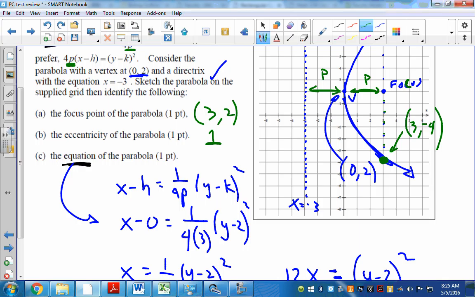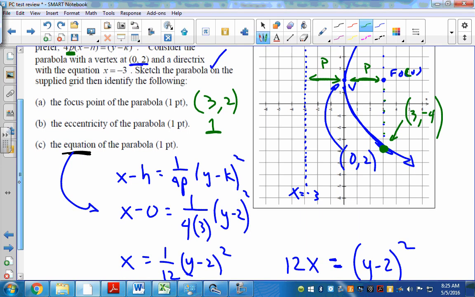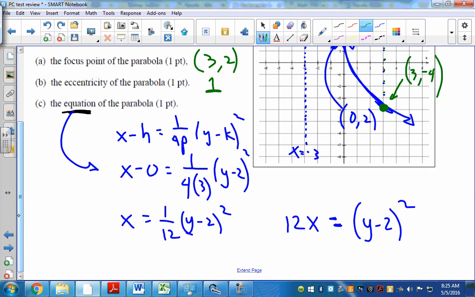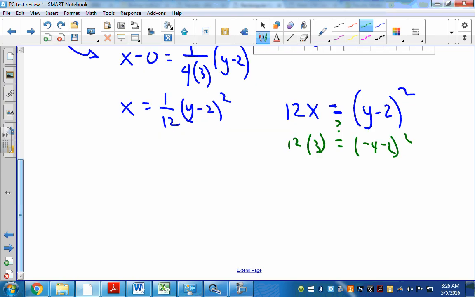Let's make sure those coordinates fit into the equation that we've come up with. So if we put in 3 for x, this becomes 12 times 3, and we put -4 in for y, so that's (-4 minus 2) squared. This should be a true statement, and sure enough it is. This is 36, and this is (-6) squared, which is 36.